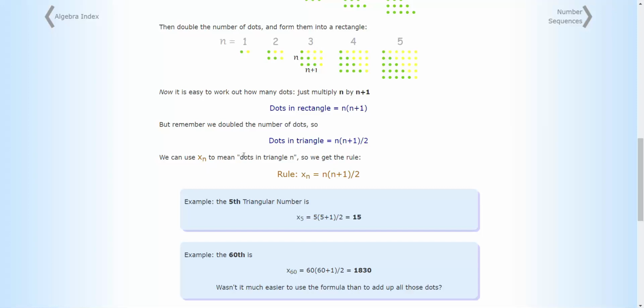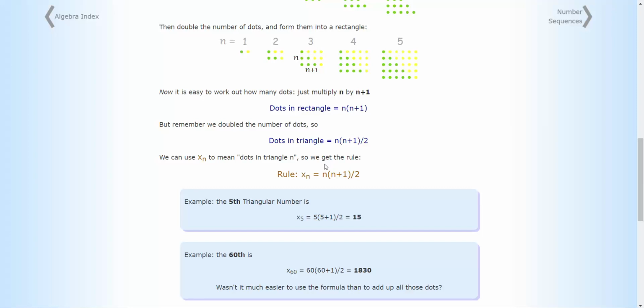We could use the rule, and then you just divide it by 2, because we doubled the numbers to form a rectangle, so halving it, taking 50% of it, would yield the triangle.